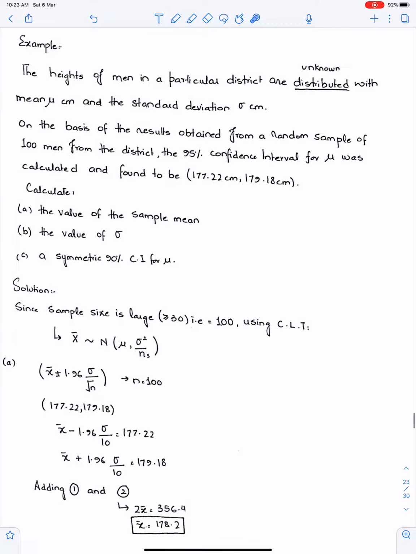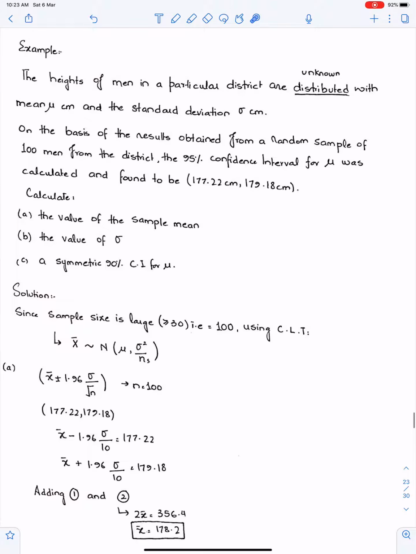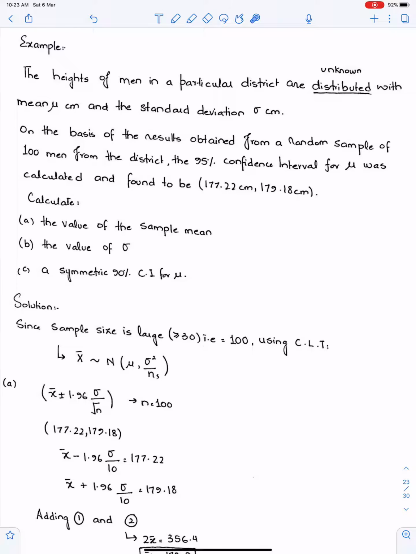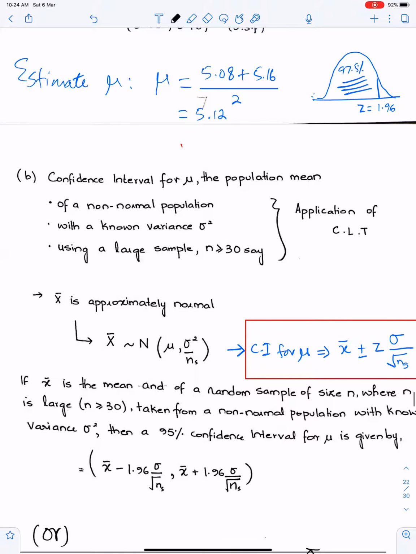Example. An important example. The heights of men in a particular district are distributed. See, the name of the distribution is not given. The distribution is unknown. The population is unknown. This is of this case.